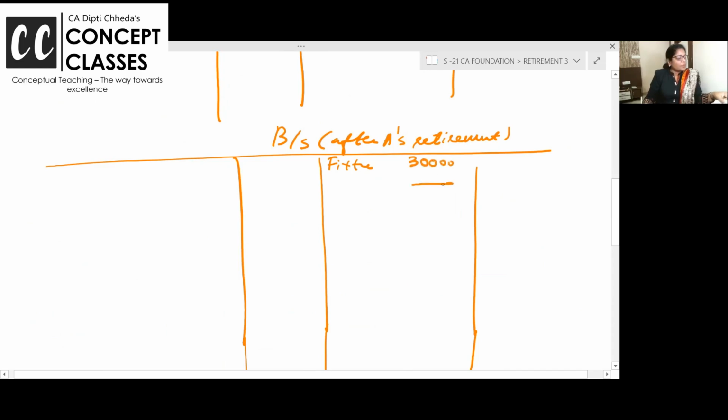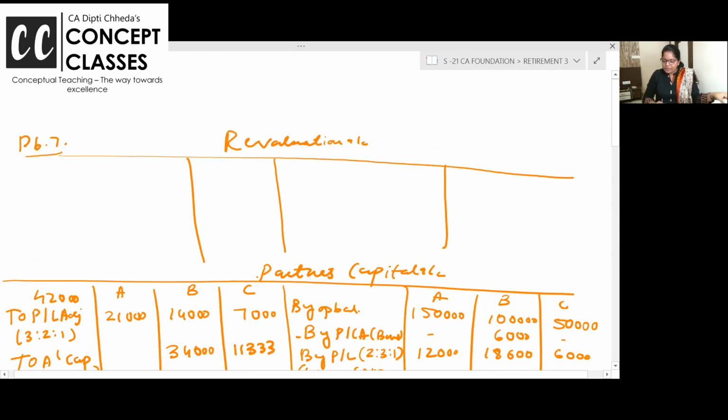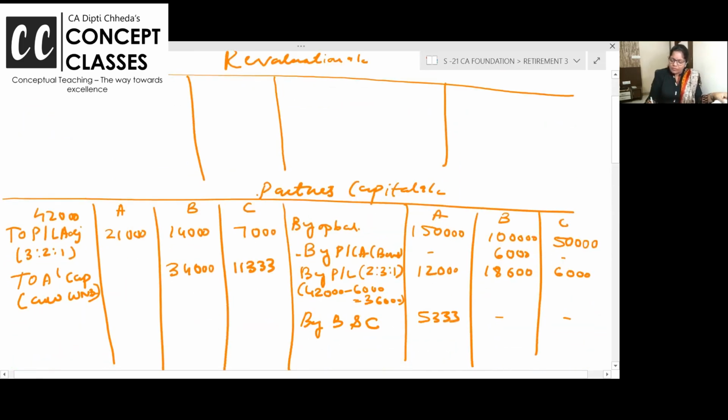And you want it to be 39,800. So 9,800 appreciation, increase. Come to the revaluation account. Debit fixtures, increase the value of fixtures, 9,800 to the revaluation account.